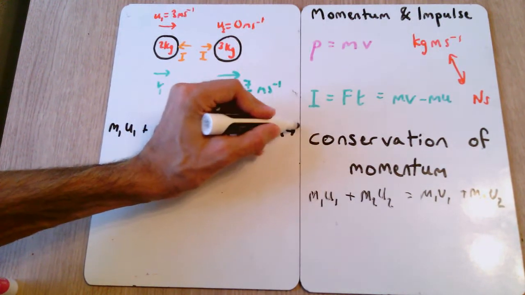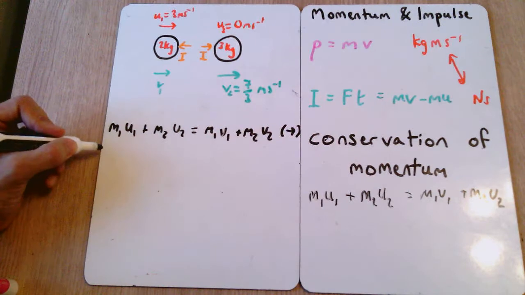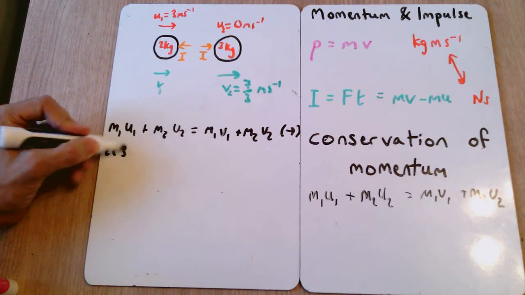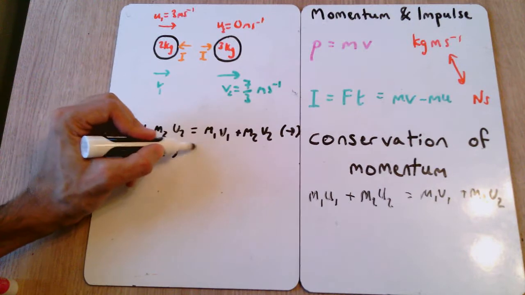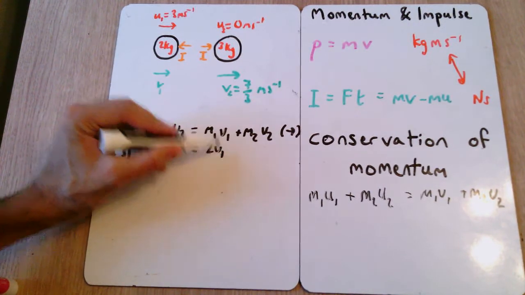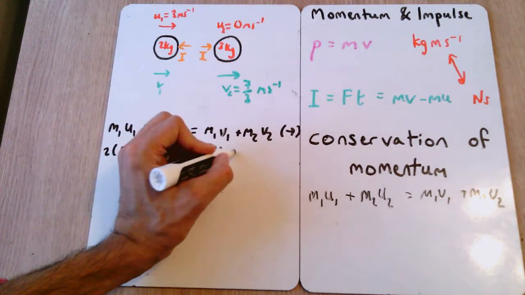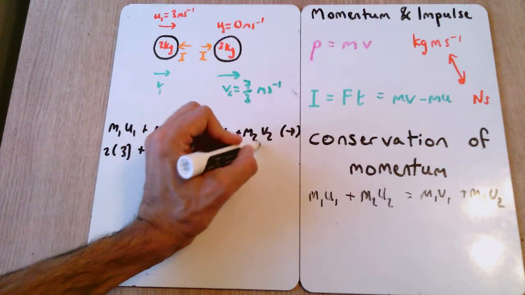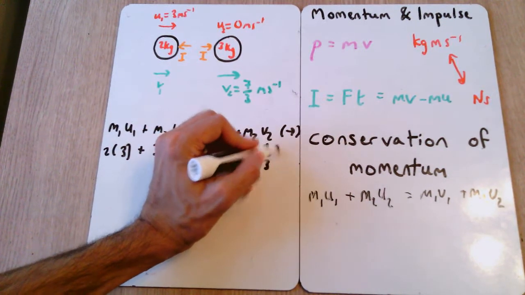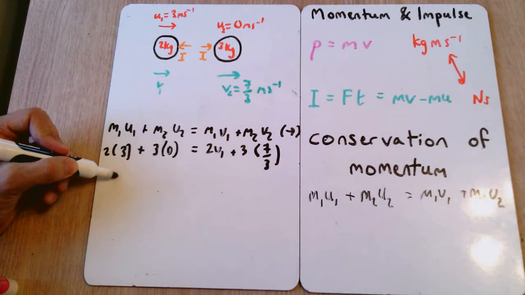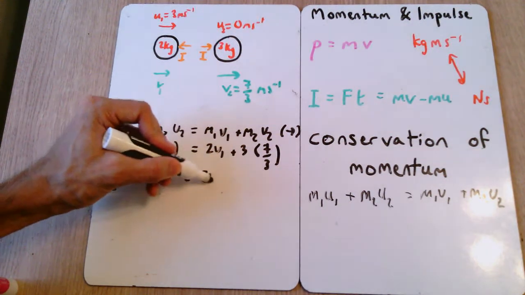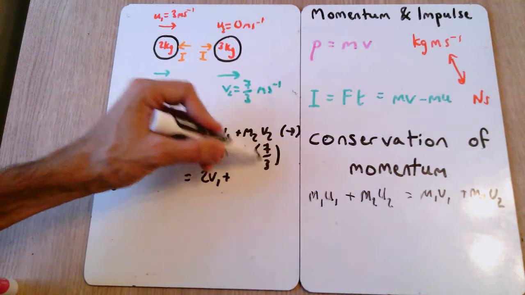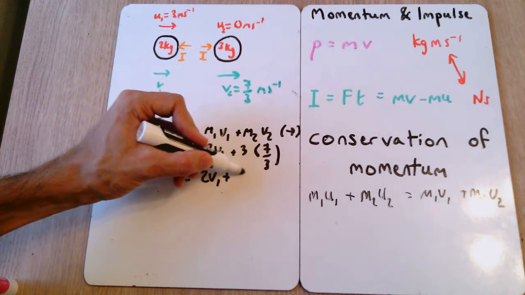And when we substitute in, this is 2 times 3 plus 3 times 0 is equal to 2v1 plus 3 times 7 over 3. That gives us 6 plus 0 is equal to 2v1 plus 3 times 7 over 3, which is simply 7.